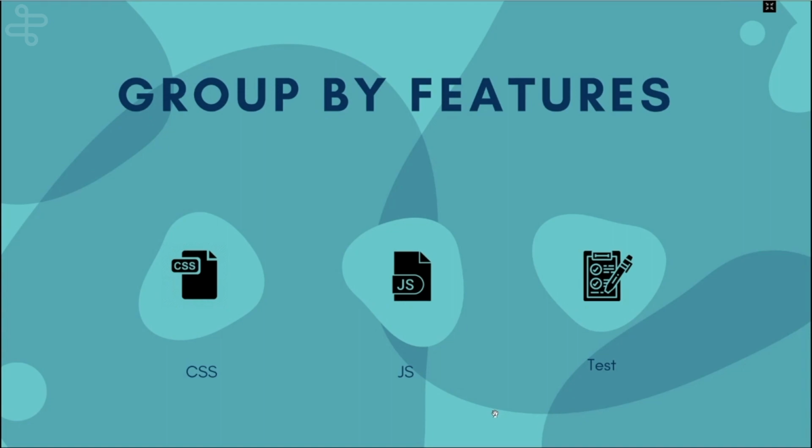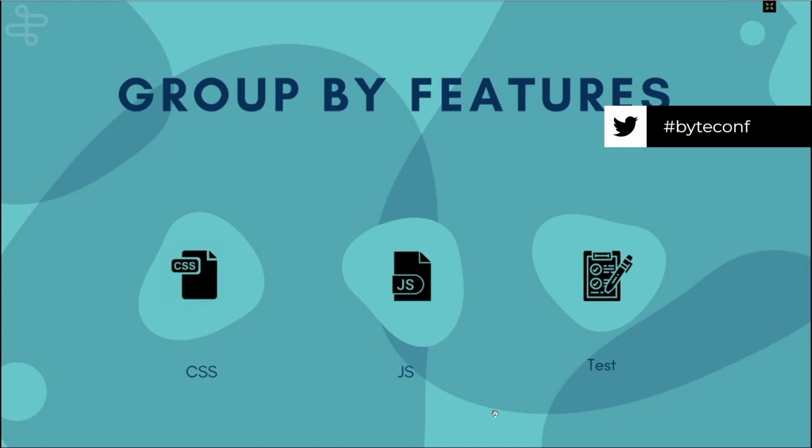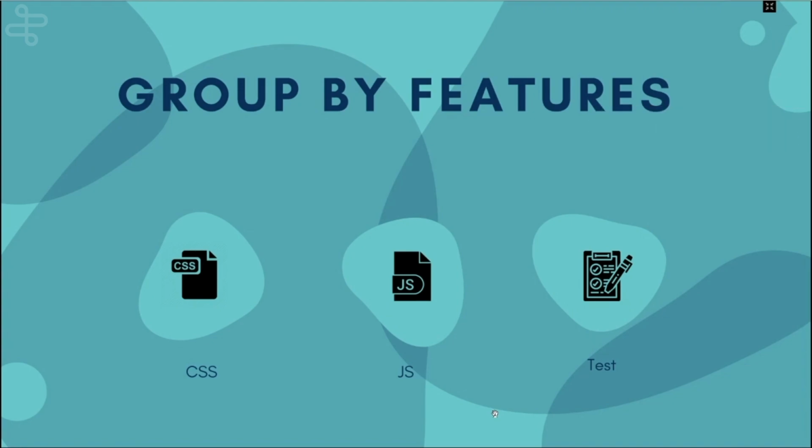If there is a feed route, you can put all of the JS, CSS, and test files related to that in a single folder. The definition of a feature is not universal as per the React.js documentation, and it's up to you to choose the granularity. If you can't come up with a list of top level folders, you can ask the users of your product what major parts it consists of and use their mental model as a blueprint.